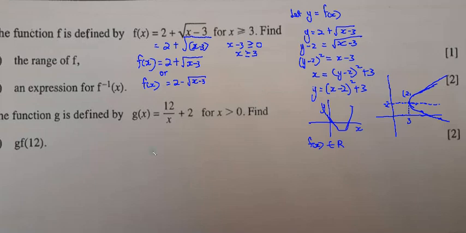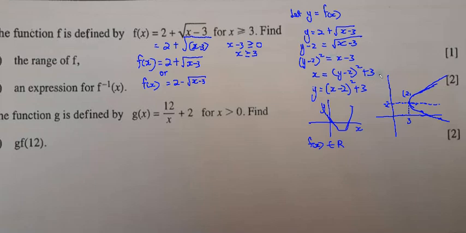Okay, now the next question would be to find the expression of the inverse function. Let me make x the subject first, which I did here. Now let y equal the original function, then bring the 2 over here, and then square both sides.